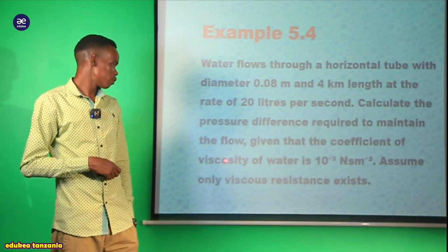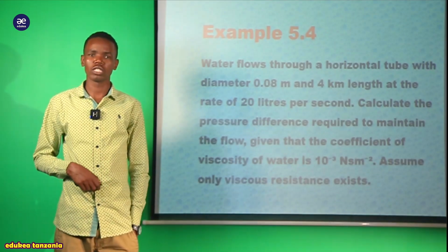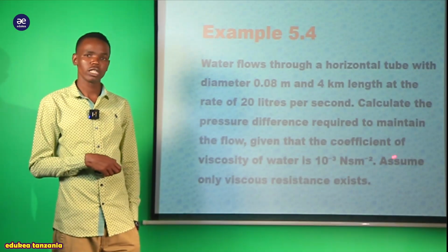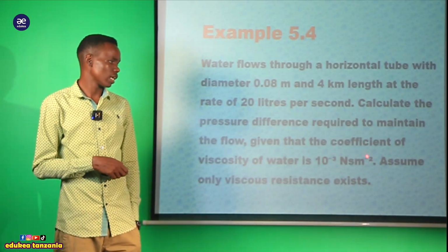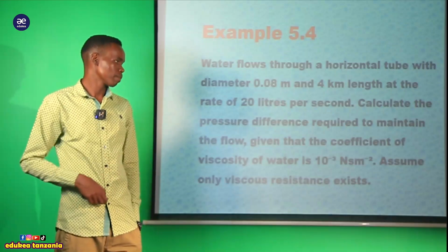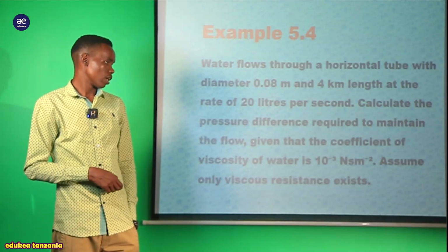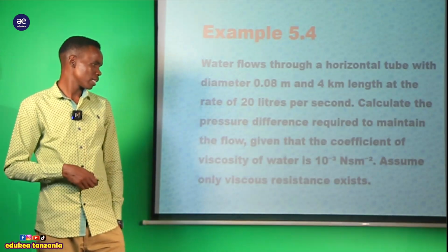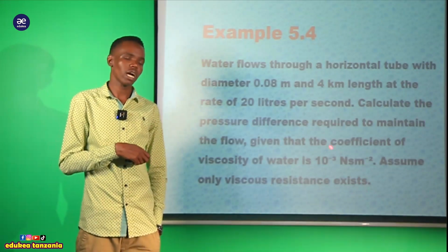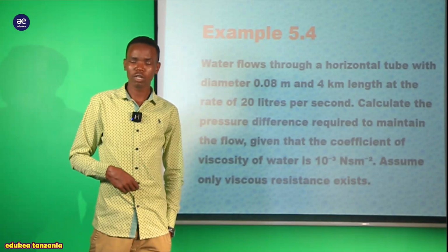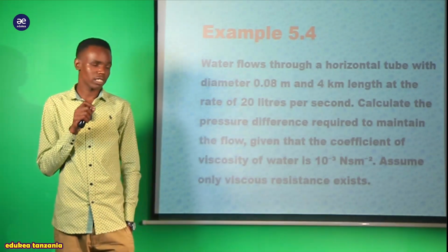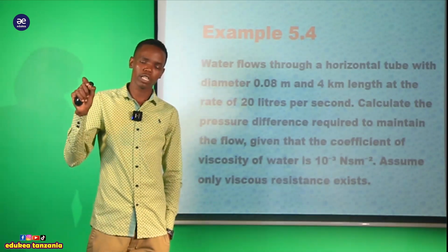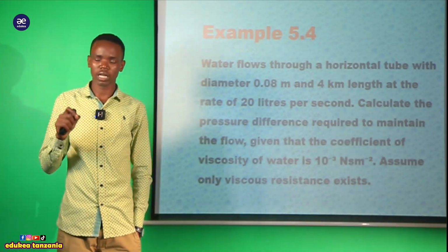So given that the coefficient of viscosity of water is equal to 10 exponent negative 3 N s per meter square, as we observe here. But assume that only viscous resistance exists. When we talk about viscosity, we mean the internal friction that occurs between the layers of the fluid.